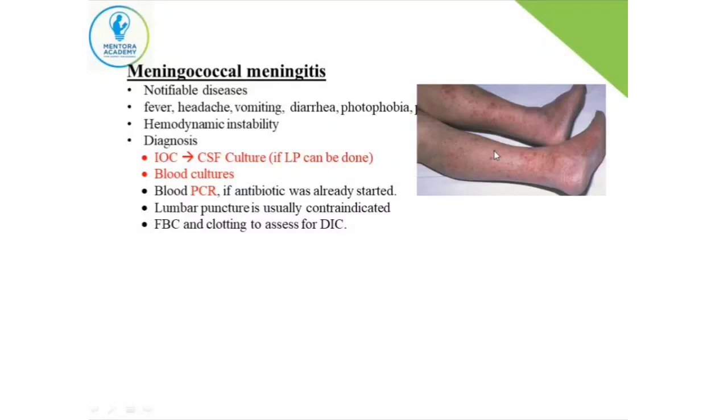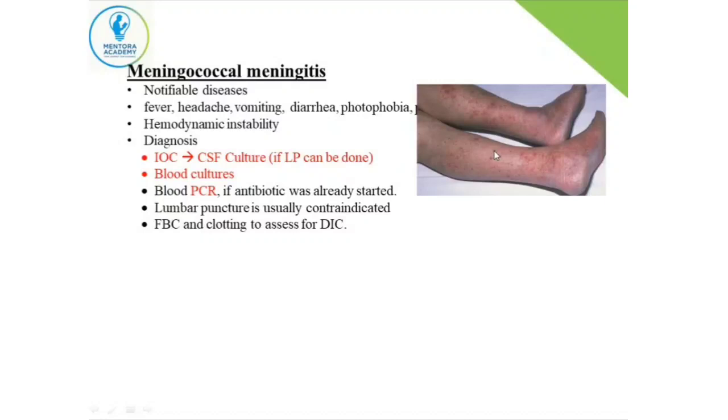Do remember that lumbar puncture would be contraindicated in somebody who has a bleeding disorder secondary to disseminated intravascular coagulation, which is very common in meningococcal sepsis. The patient may have DIC, so you may not be in a position to do a lumbar puncture. Another contraindication is raised intracranial pressure.